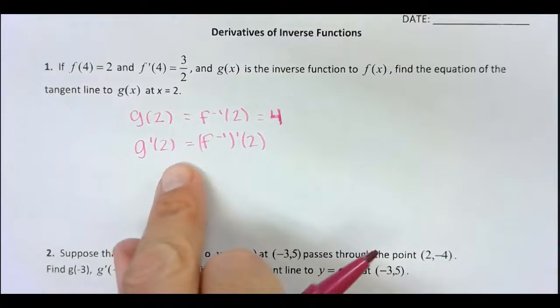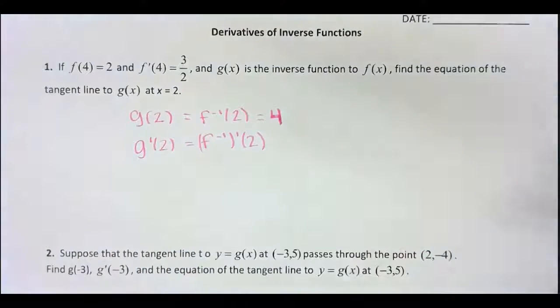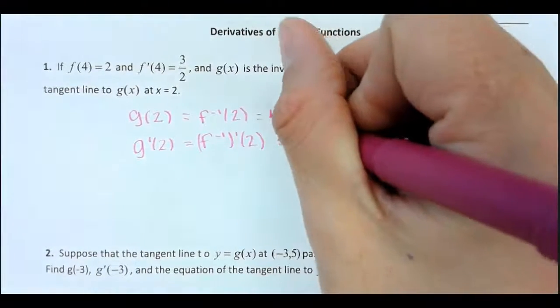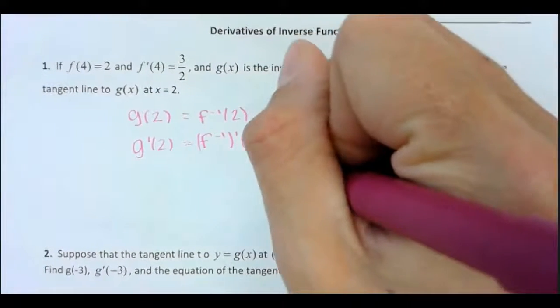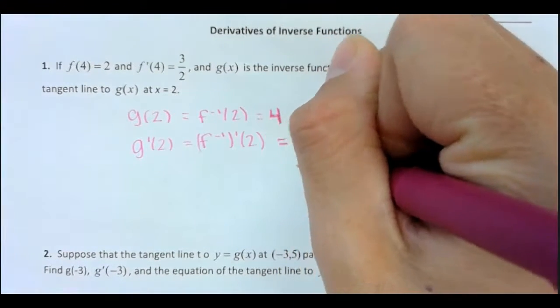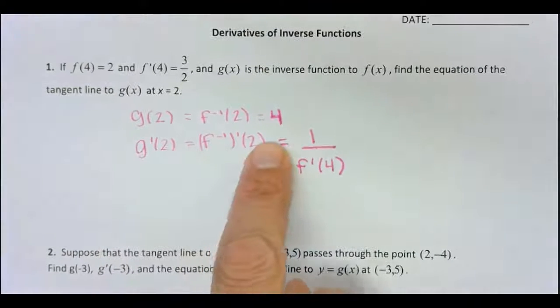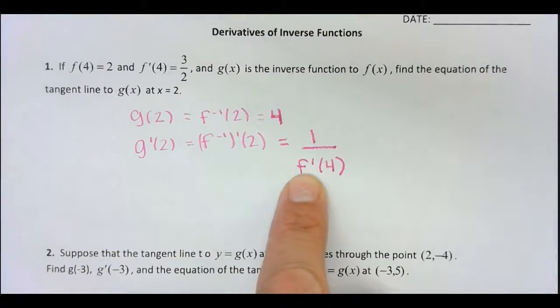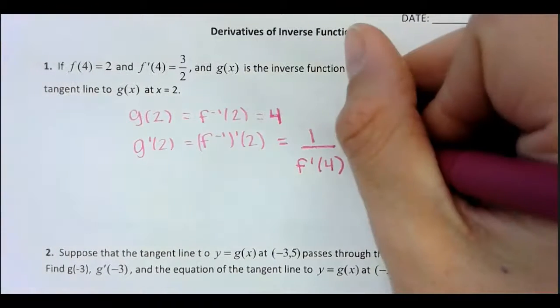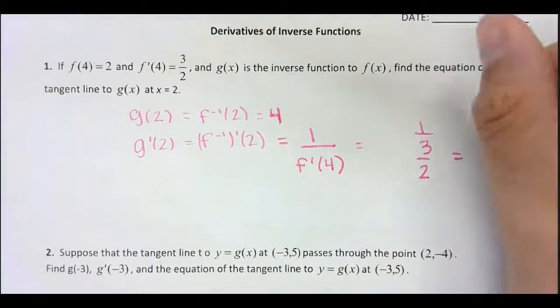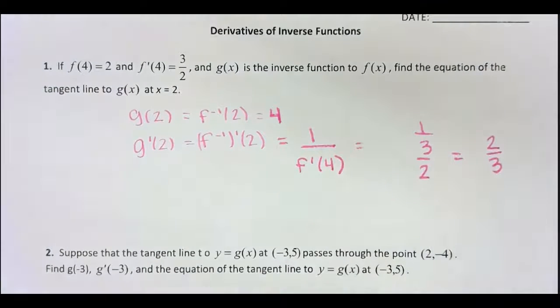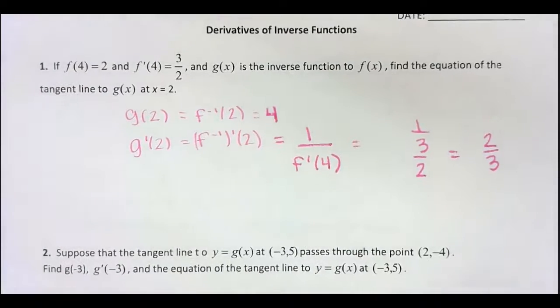So g prime of 2, or f inverse prime of 2, according to our formula, is 1 over f prime of 4. Since g of 2 is equal to 4, so it's the derivative. So therefore, this is equal to 1 over 3 halves, so therefore 2/3.